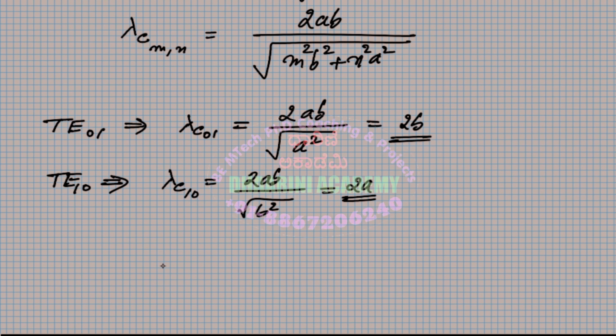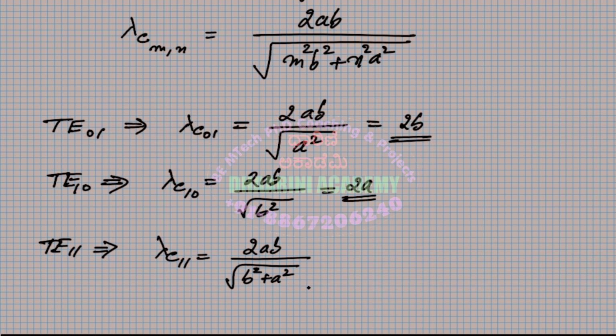Are you okay? Now let's go for the other one, TE11. This mode also exists, correct? I can call that lambda c of 11. All the terms will exist, so 2ab divided by the root of b square plus a square, or a square plus b square.